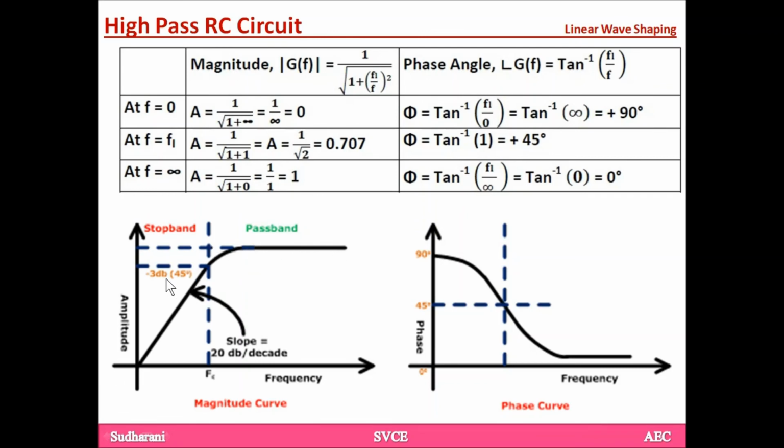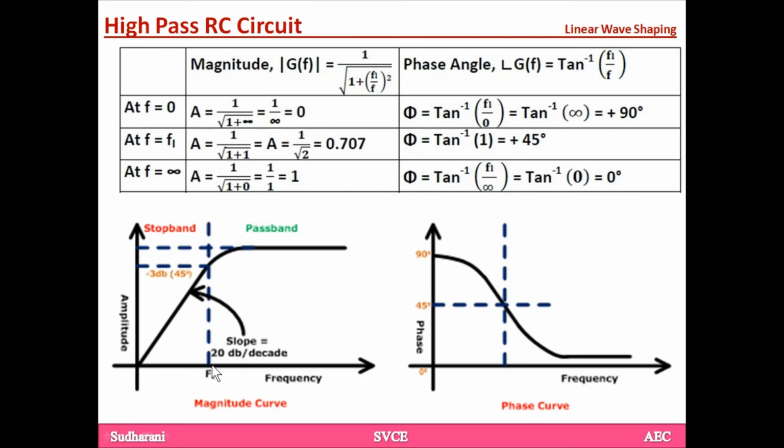If you observe this curve, from 0 to fL we are not getting the maximum value, only minimum values. This indicates that at lower frequencies the circuit attenuates the signals, so it is called the stop band.